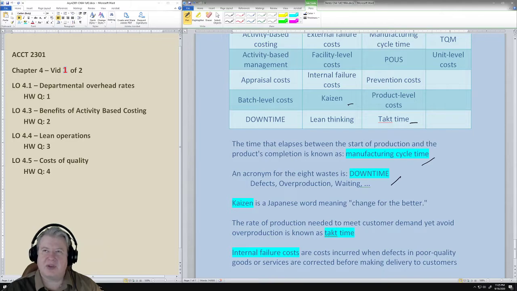Kaizen was their calling word for let's improve the manufacturing process. And there's a famous book, if you ever get into supply chain management, called The Goal, which was written, I think probably in the 80s, when the Japanese auto manufacturers were doing so much better than the U.S. manufacturers.